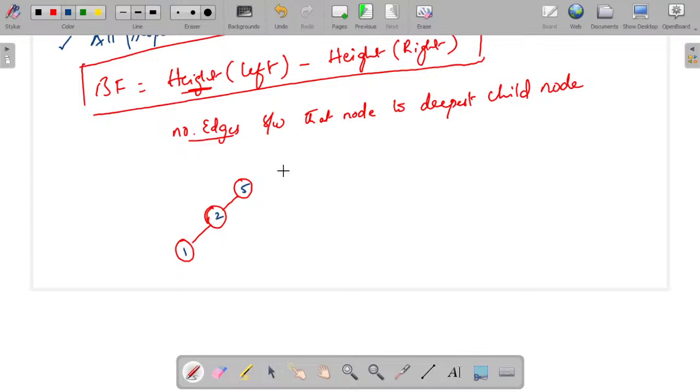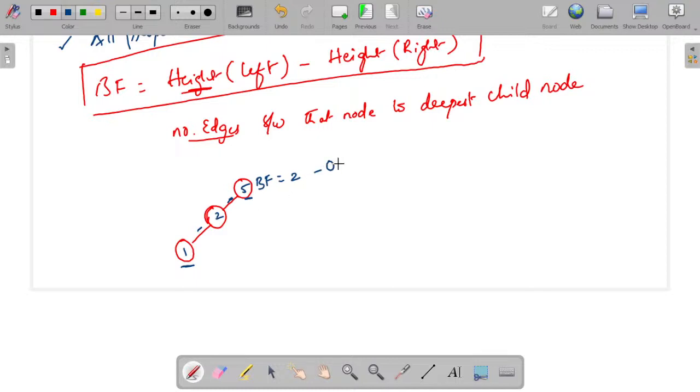Here, if you want to calculate the balance factor for this given node, the height of the left subtree, the deepest child node is this particular node for 5, and the number of edges that we have is 2. So we have 1 here and then 2 here. So it is 2 on the left side, whereas on the right side we don't have any nodes, so it is going to be 0.